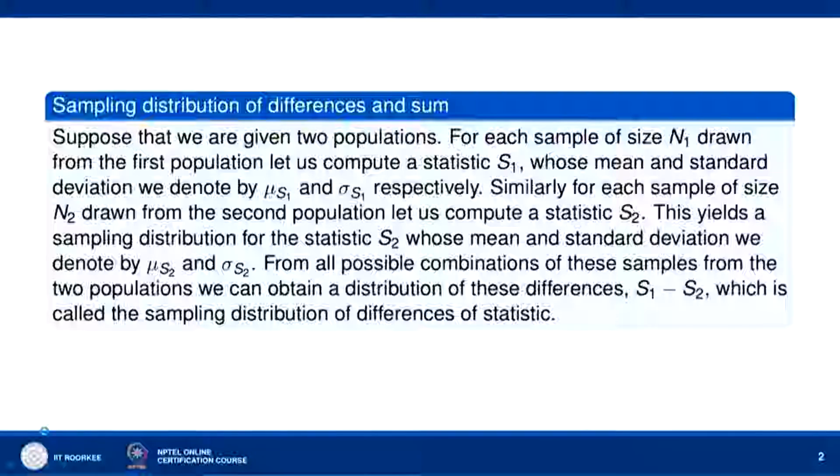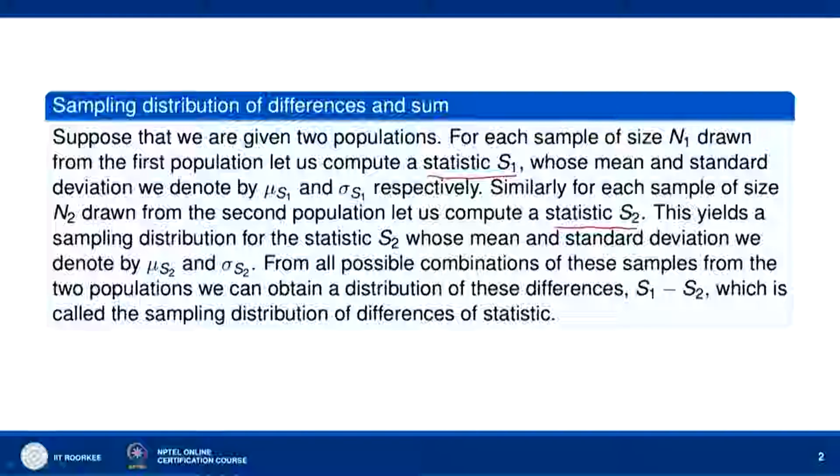Suppose that we are given two populations. For each sample of size n1 drawn from the first population, let us compute a statistic S1 whose mean and standard deviation we denote by mu S1 and sigma S1 respectively. Similarly, for each sample of size n2 drawn from the second population, let us compute a statistic S2.